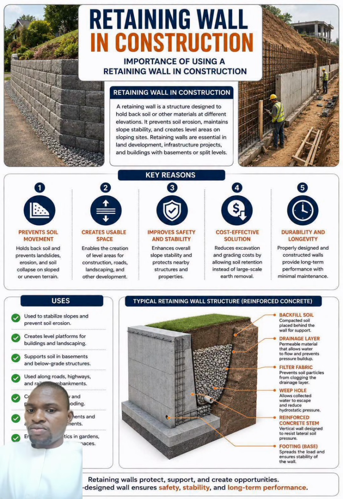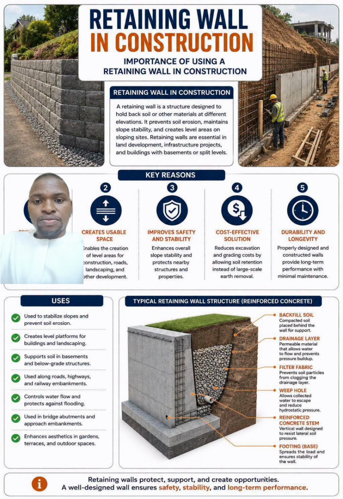So retaining wall is used to stabilize slopes and prevent soil erosion. So it helps to create level platforms for building and landscaping, right? Then it supports soil in basements and below grade structures.